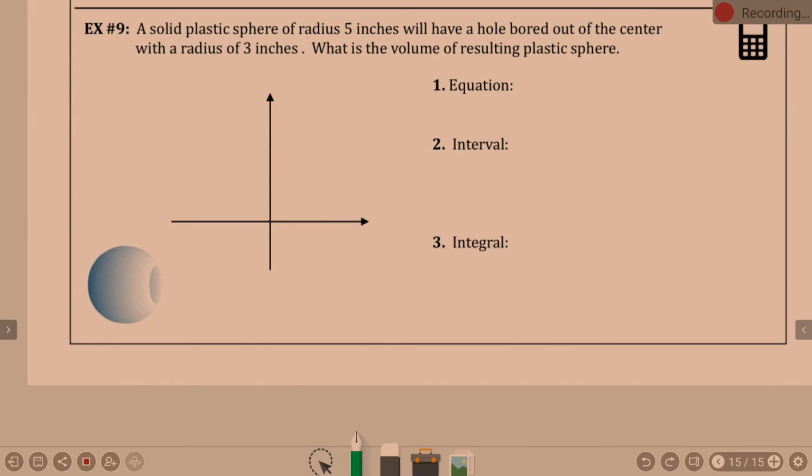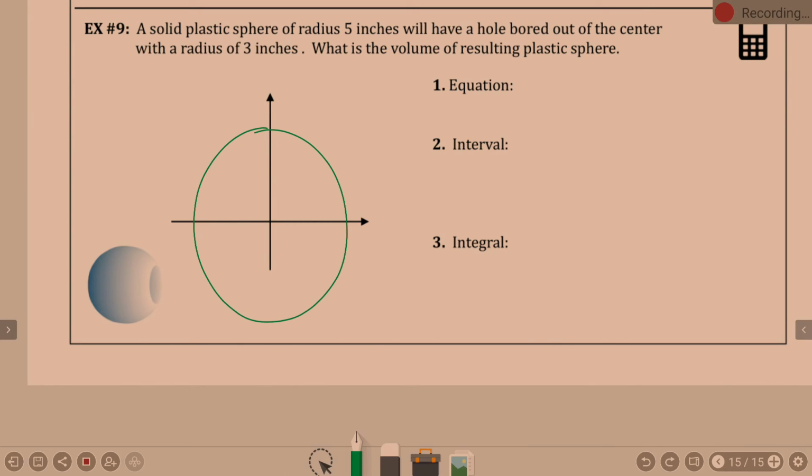A circle, yes? Because you take a circle, you revolve it, that's going to create a sphere. Now, I haven't touched the hole in the middle. But if you revolve that whole thing, it becomes three-dimensional, it becomes a sphere.